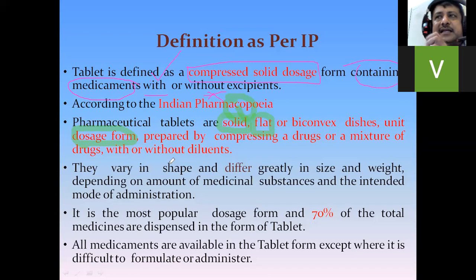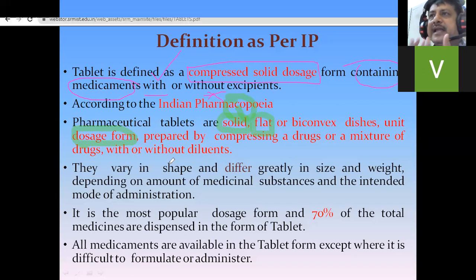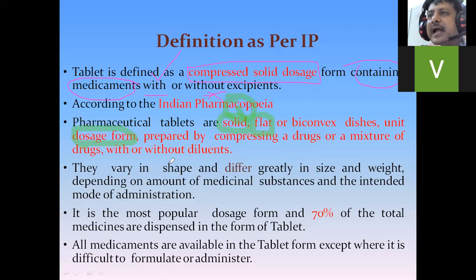The major thing I want to convey to you is that, suppose I want to make a tablet for small children, I will try to prepare it in a different shape, because this shape and the colors will attract the pediatric population, and the compliance rate for that tablet dosage form will be higher due to the new shape or good colors.